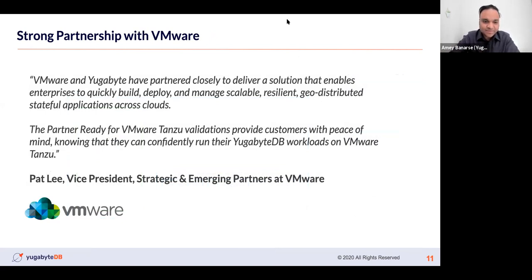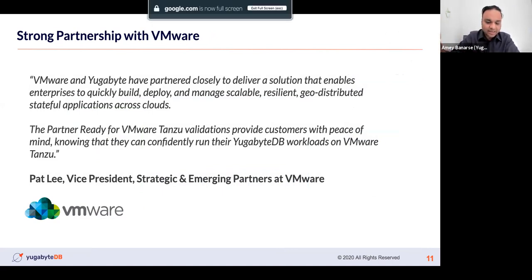And Pat Lee, who's a vice president at VMware, provided us this quote saying that VMware and Yugabyte have been working really hard together and partnering to make sure that customers and users can confidently run their business critical microservices on top of VMware and get low latency, high throughput access to stateful workloads like Yugabyte.